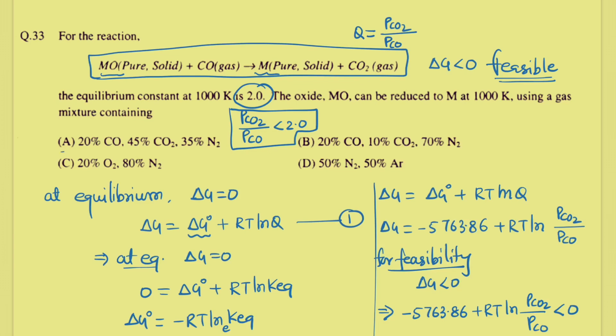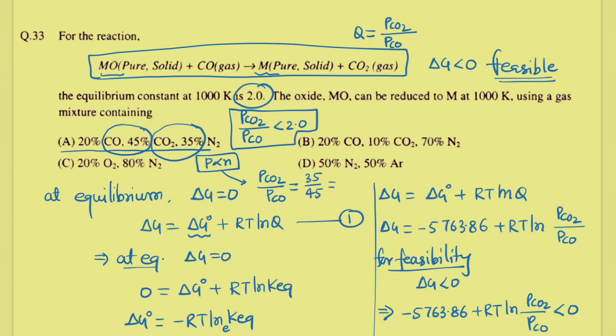If you see the first composition of the gases, carbon monoxide is 45% by mole and CO2 is 35% by mole. Mole is directly proportional to pressure; pressure is directly proportional to number of moles, if all the other parameters are the same, if the temperature is the same. Then we can say PCO2 by PCO in this case will be 35 by 45.